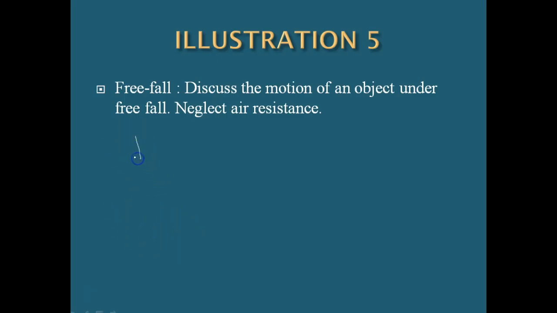When you drop an object from above, it will move towards the earth due to gravitational force. The magnitude of acceleration due to gravity is represented by g. What is this g? g is acceleration due to gravity.